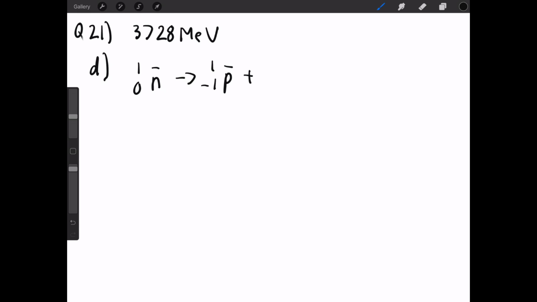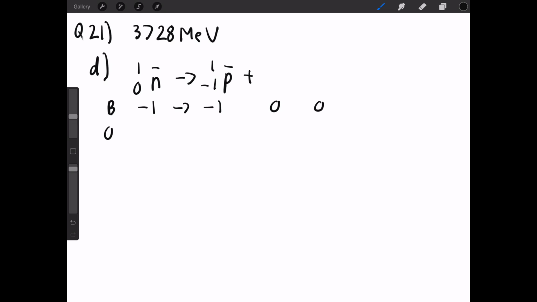So let's look at quantum numbers first of all. Baryon number on this side is an antineutron, so it has a baryon number of -1. While an antiproton has a baryon number of -1 too. So the baryon number for the other 2 particles could be 0. I suppose it could be +1 and -1, but they're going to be 0.